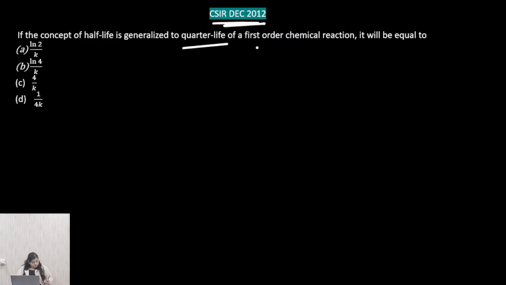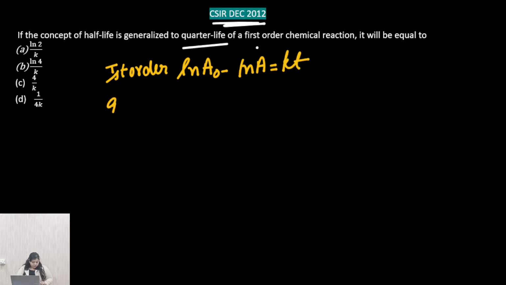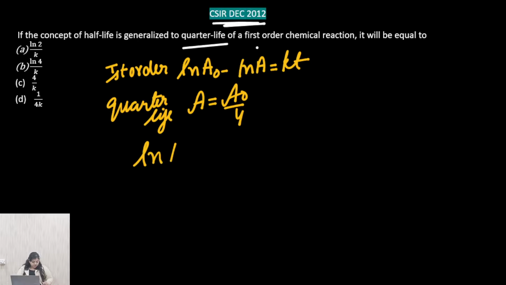Right. So now for the first order reaction, the integrated rate expression we have is natural log of A naught minus natural log of A, equal to kt. For the quarter life, the remaining concentration value will be A naught upon 4. Substitute in the above one: natural log of A naught minus natural log of A naught upon 4 is equal to kt.